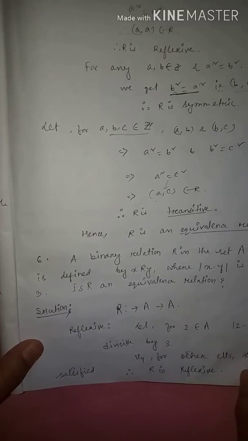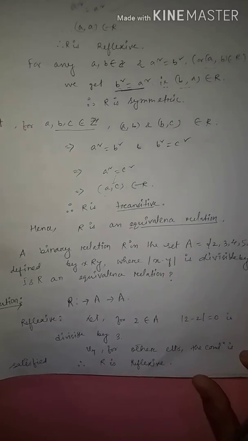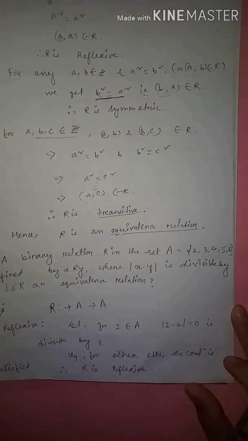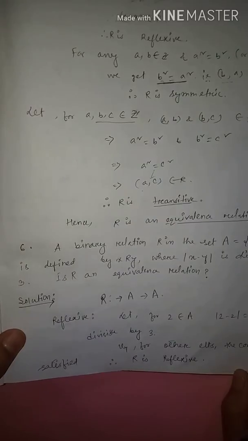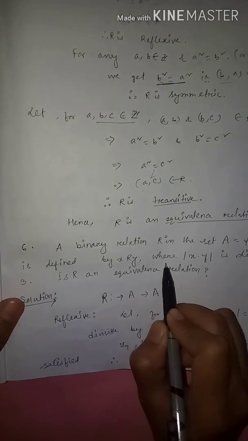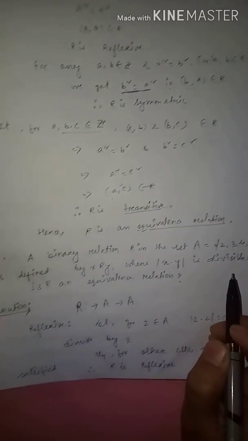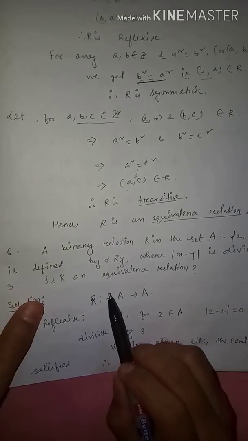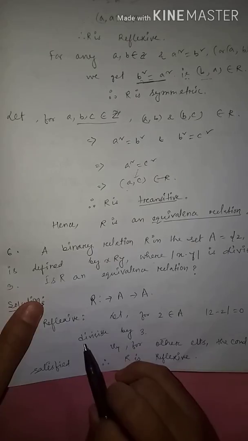Here it is. A binary relation R in the set A containing 2, 3, 4, 5, 6 is defined by x related to y, where modulus of x minus y is divisible by 3. The question is, is R an equivalence relation?